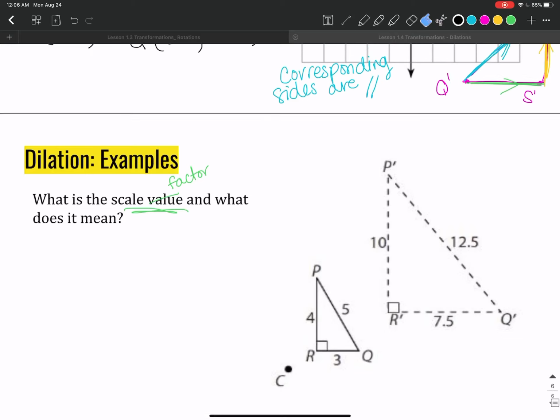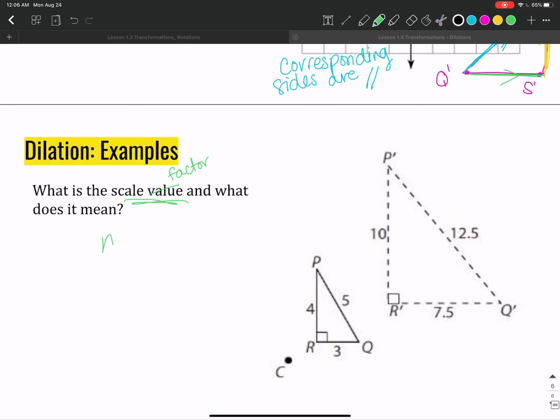So how do I know which is which? Well, hopefully you saw little tick marks. Now, we don't have to do all three sides, but we can do all three sides just to double check that we've got this correct.